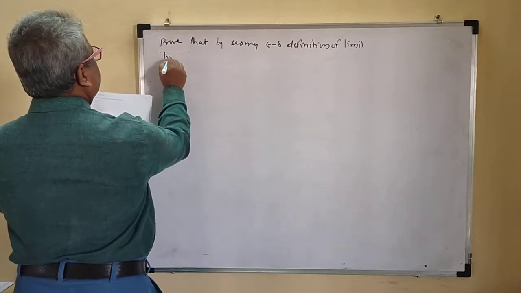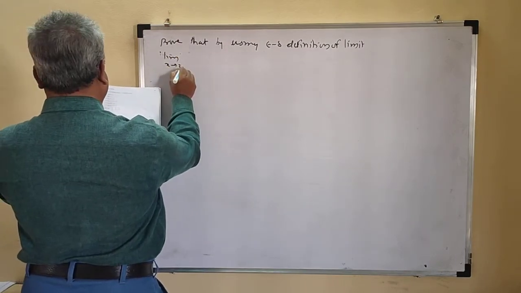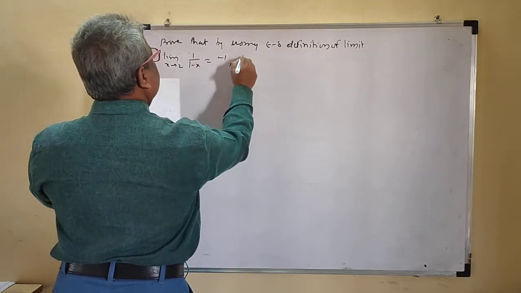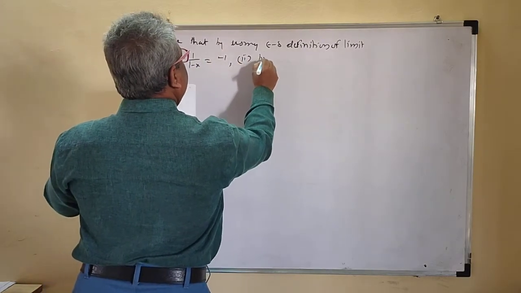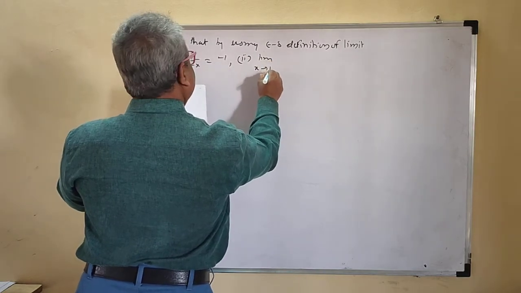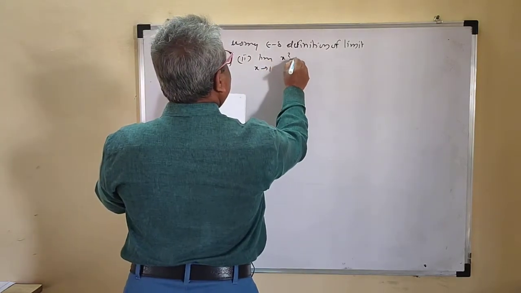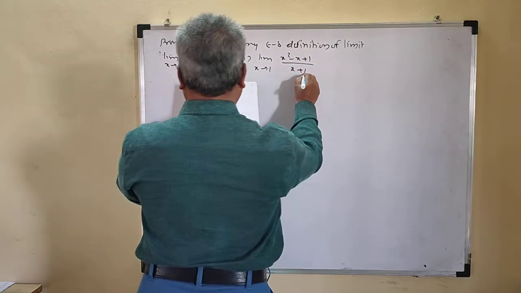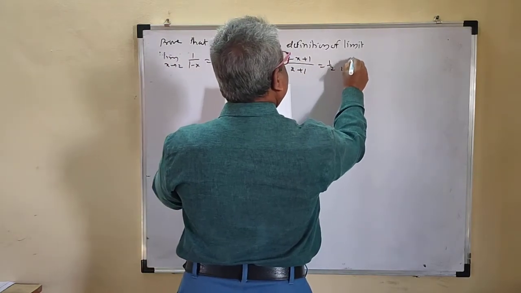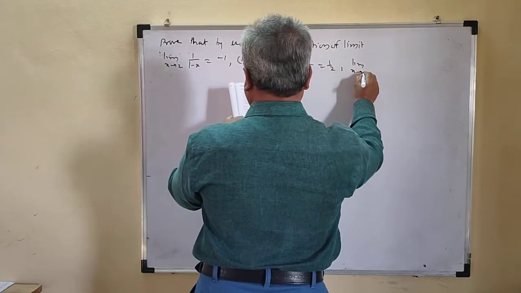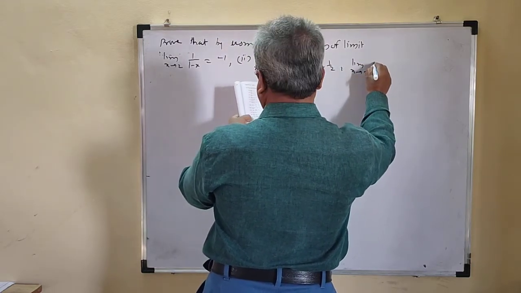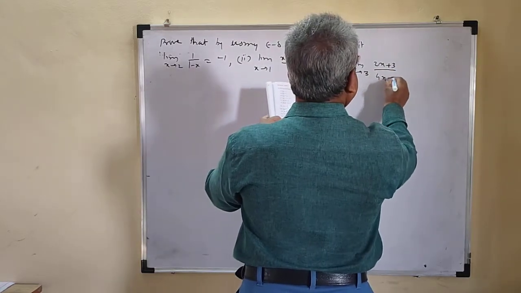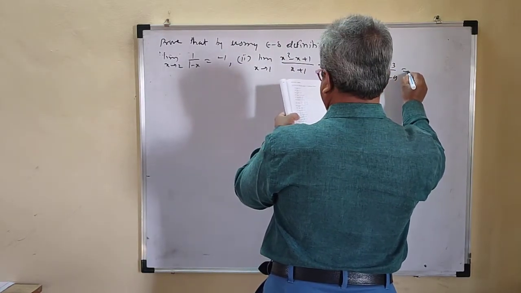Limit x tends to 2, 1 upon 1 minus x is equal to minus 1. Second, limit x tends to 1, x square minus x plus 1 upon x plus 1 is equal to half. Limit x tends to 3, twice x plus 3 upon 4x minus 9 is equal to 3.